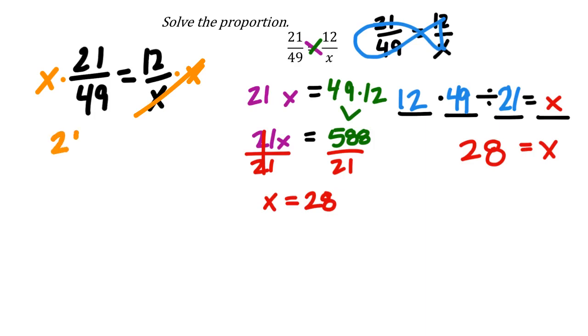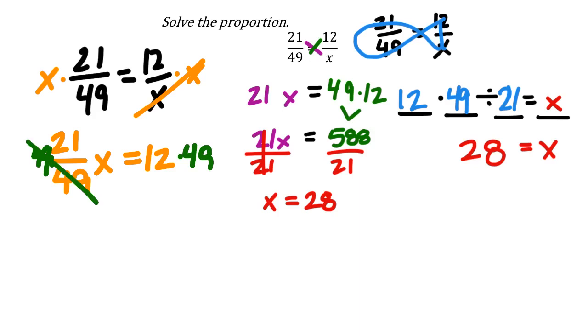And to rewrite this, I really have 21/49 x equals 12. At this point, you'd have to multiply both sides by 49, so 12 times 49 as well. And the 49s cancel out, and you get 21x equals 12 times 49.